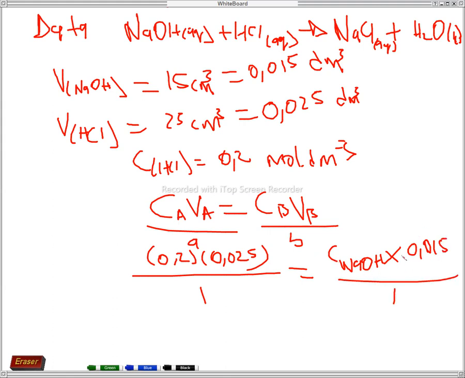So this is how you should calculate for this, and then automatically you just apply math there. Obviously this will multiply with that. We are going to have the concentration of NaOH there multiplied by 0.015 divided by 1, and then you just have to divide this by this, and therefore you're going to get your answer there.